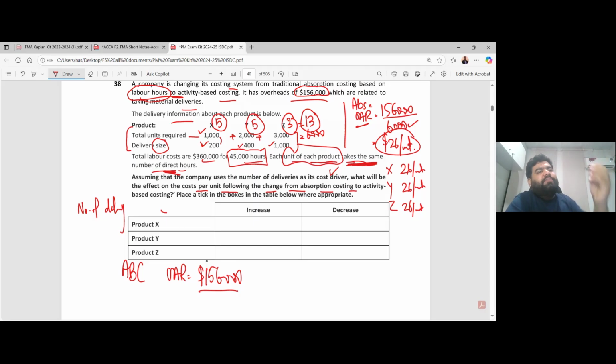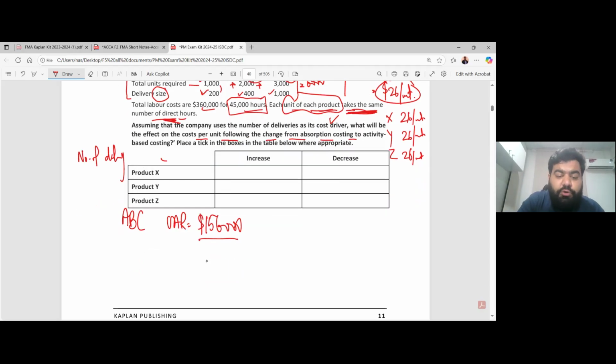So always, if it's given units per batch, units per setup, or units per delivery, you have to divide the total units by that to calculate the actual figure. So 13 is the number of deliveries. For the total $156,000 over 13 deliveries, that comes to 12,000 per delivery.